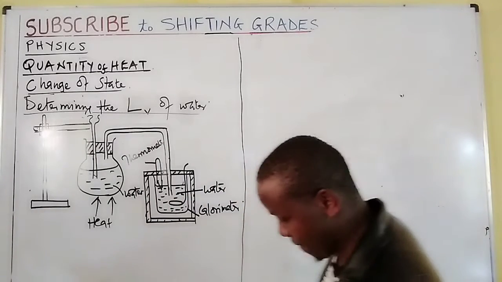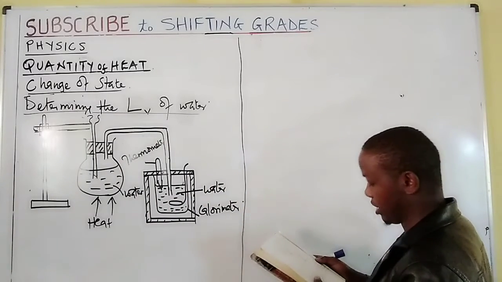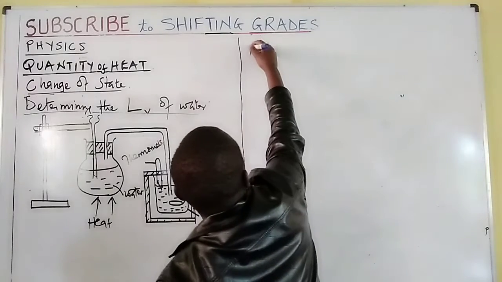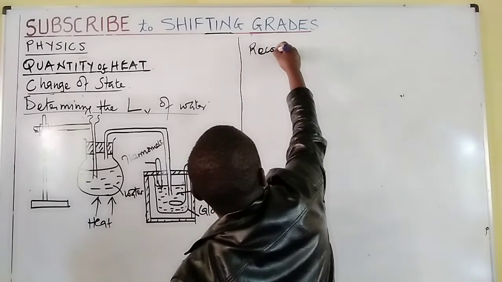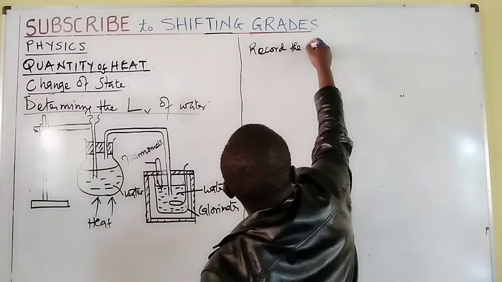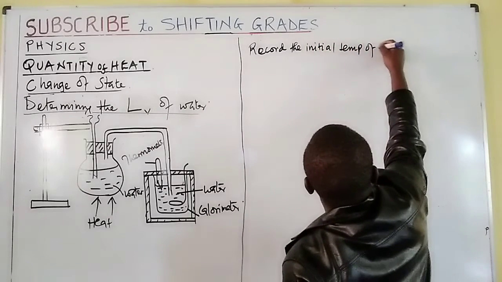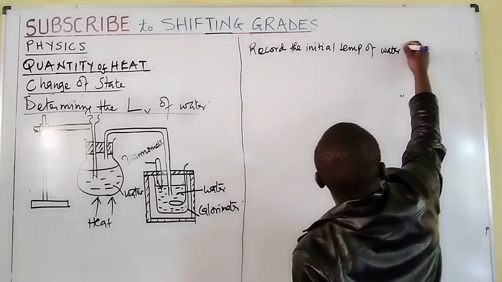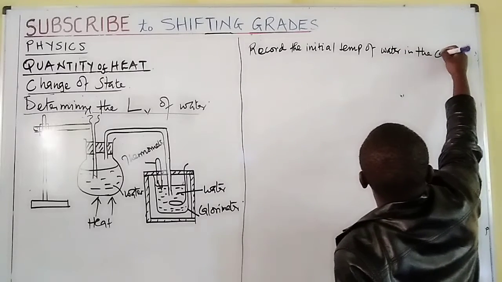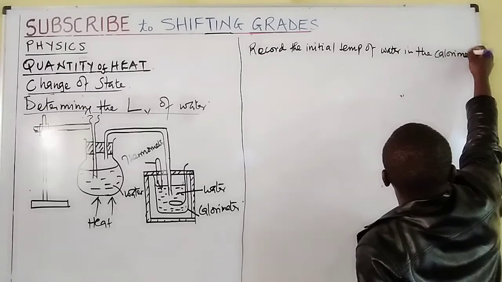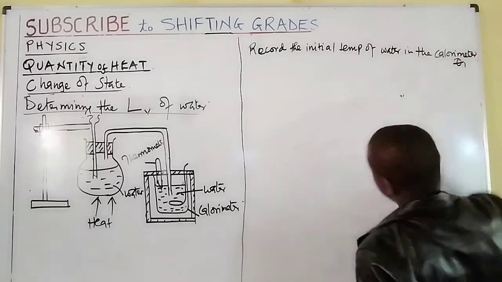So what you do here is record the initial temperature of water in the calorimeter. Call it theta 1.